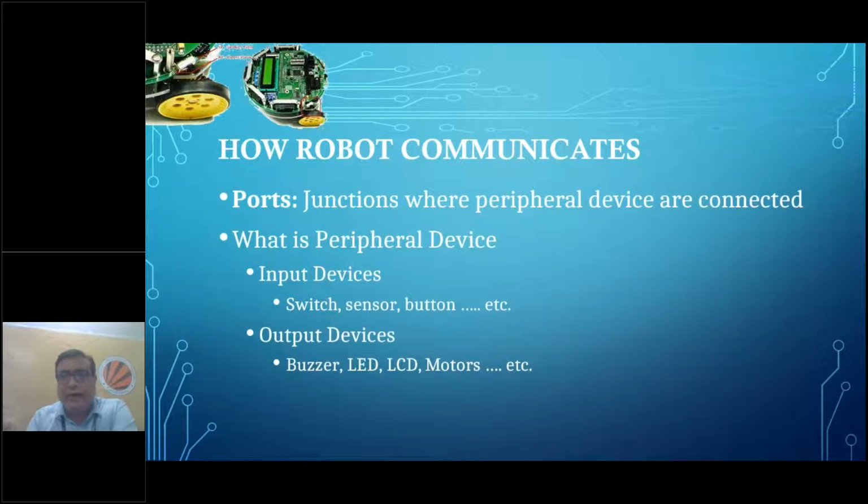Actually, your Atmega 2560 chip is a chip that will be programmed, and we are just using the different ports where we can connect the peripherals. So the peripheral devices can be connected. These are the input devices, that is the switch, sensors, buttons, etc. Then some output devices are there: buzzer, LED, LCD, etc.